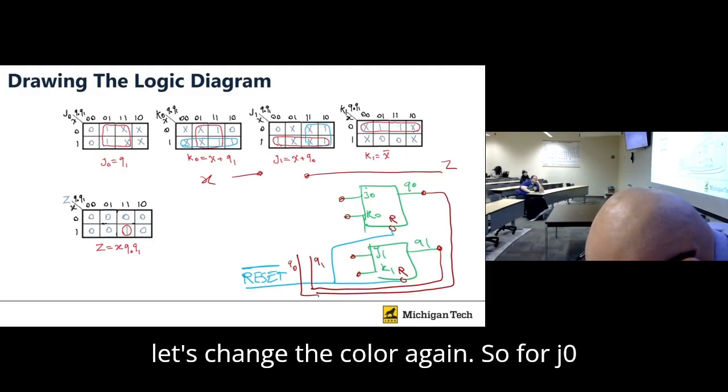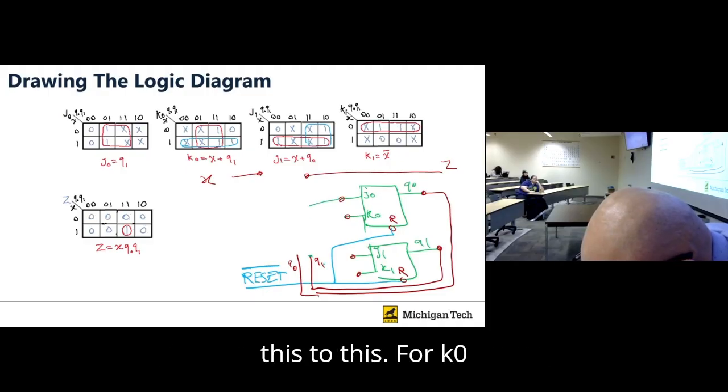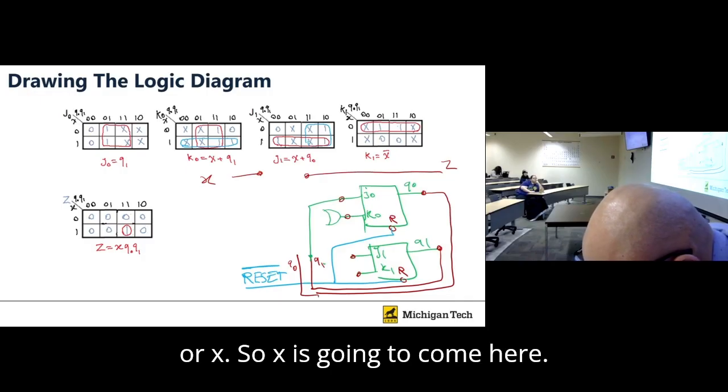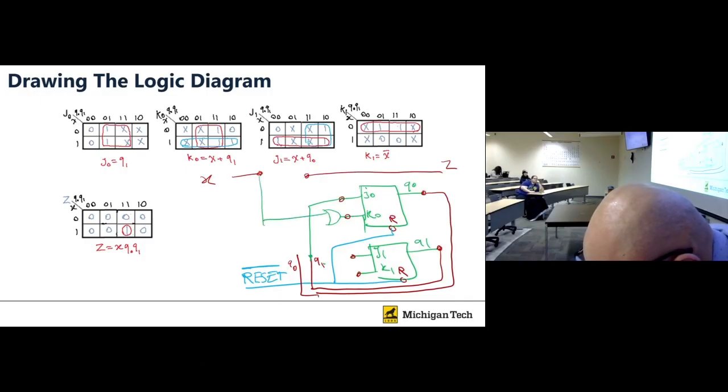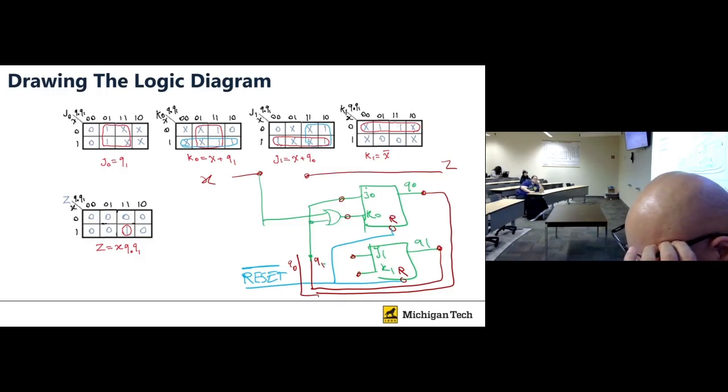Let's change the color again. So J0 is Q1, so we're just going to connect this to this. K0 is X or Q1. So X is going to come here, and Q1 is also here. You can connect to this. That part is done. For J1, another OR.